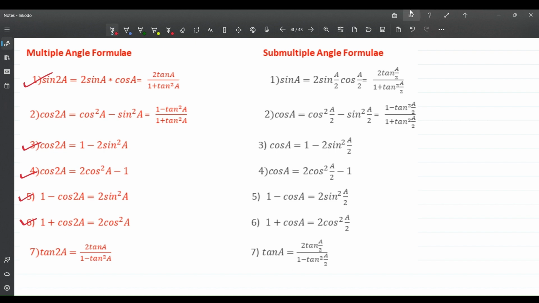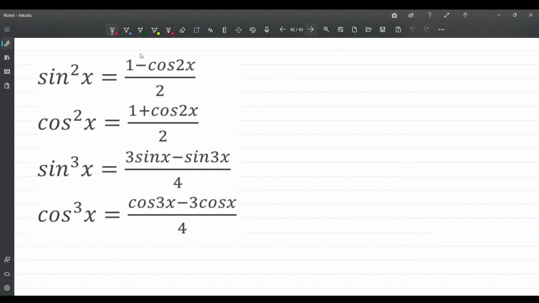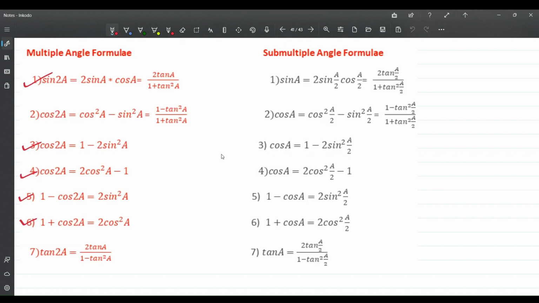Okay. Now the next one: sine square x, cos square x, sine cube x, and cos cube x. This sine square x formula will be derived from this formula. See here, sine square a is equal to, this is multiplied by 2, so it will get divided on the other side. So the formula for sine square is 1 minus cos 2a divided by 2.